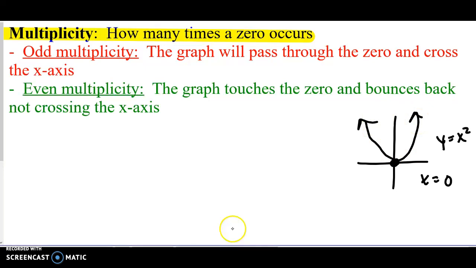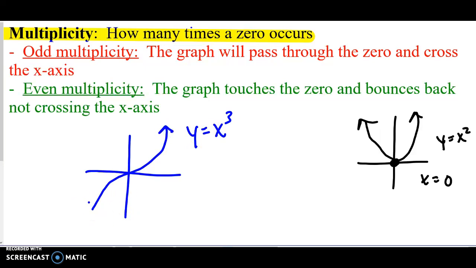So for example, just to show an odd multiplicity, y equals x cubed. That graph looks like this. At 0, I have my zero, x equals 0 again, but that has a multiplicity of 3.